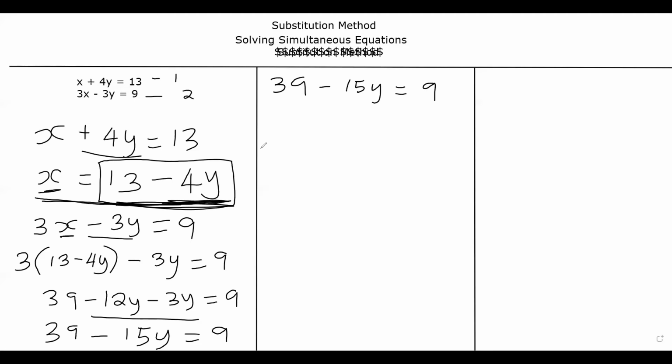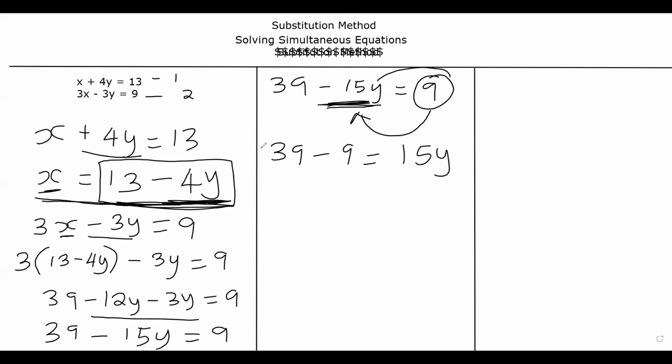Now we can take negative 15y to the other side, and we take 9 to the other side like this, and it becomes 39 minus 9 equals, because 9 was addition, so when it comes to the other side of the equal sign it becomes minus 9. We take negative 15y to the other side. In this case, it becomes positive 15y, because negative, when it goes to the other side of the equal sign, becomes positive. So we have positive 15y like that.